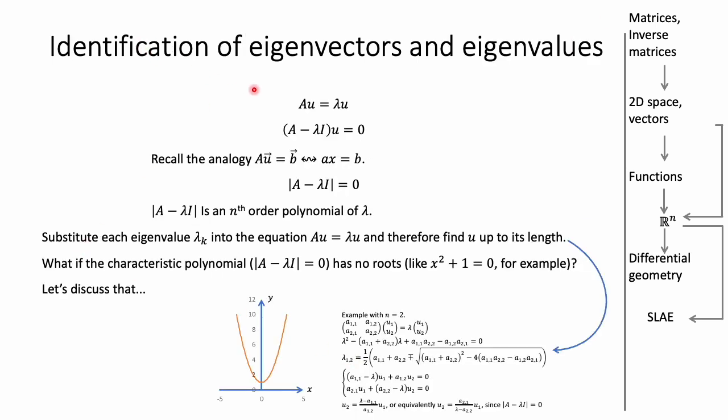So how to find eigenvectors and eigenvalues? We start with the former equation: A times u equals lambda times u. u is a vector, lambda is a number, and A is a square matrix, obviously.